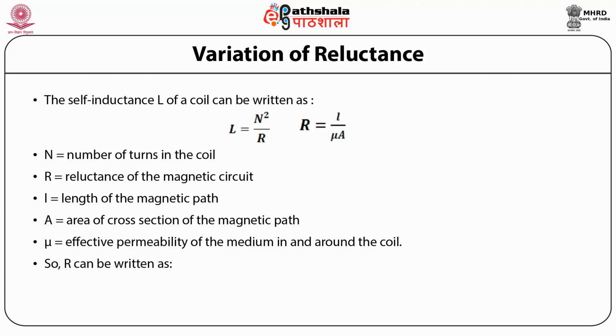So R can be written as R equal to 1 by mu G, where G is A by l, the geometric form factor.